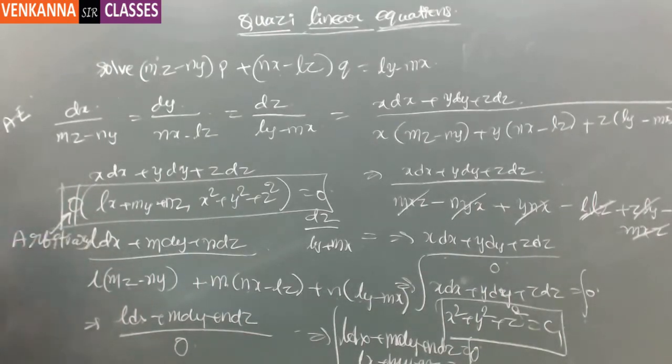When we discussed formation of partial differential equations, I explained when there is an arbitrary function, how we can eliminate this arbitrary function to form a differential equation. Now when we solve the differential equation, the arbitrary functions will come out. So that will be decided based on the initial conditions. So this is an arbitrary function. Got it? It's like an arbitrary constant for us.